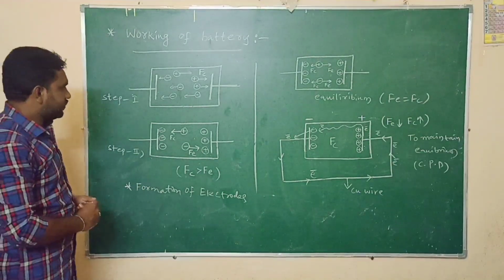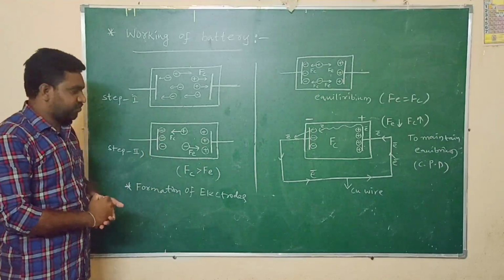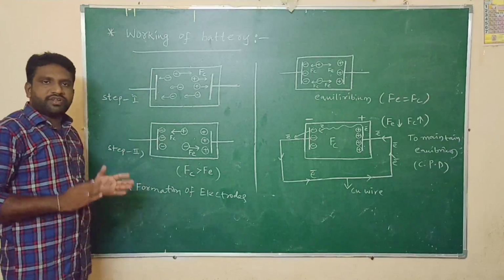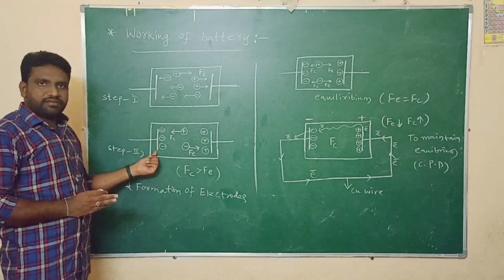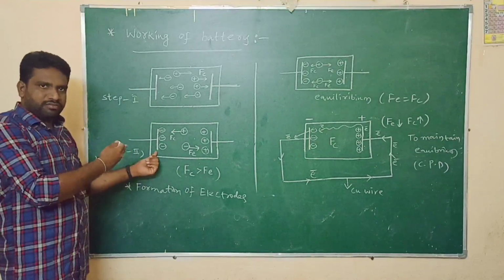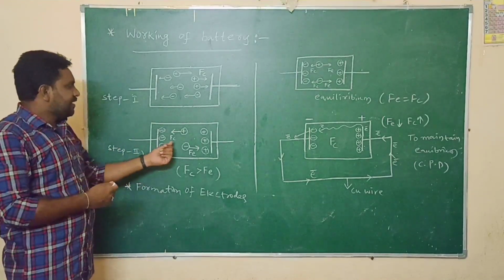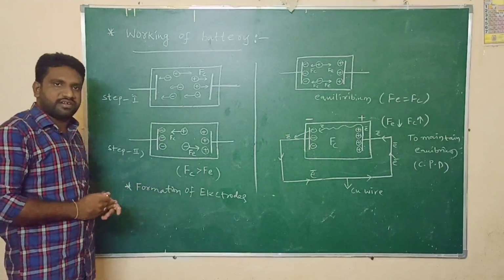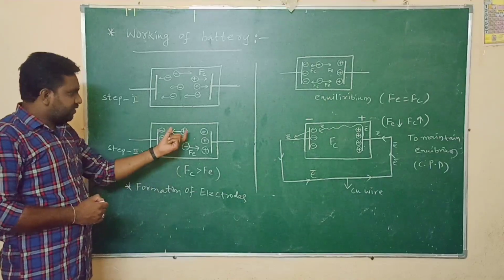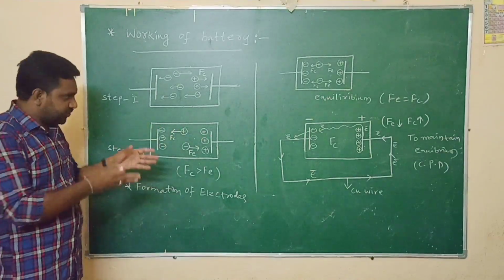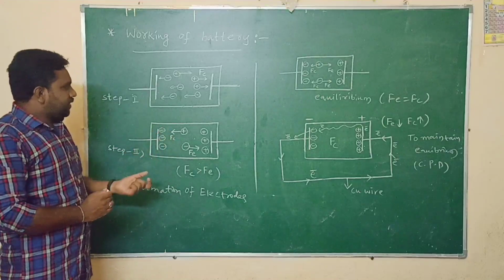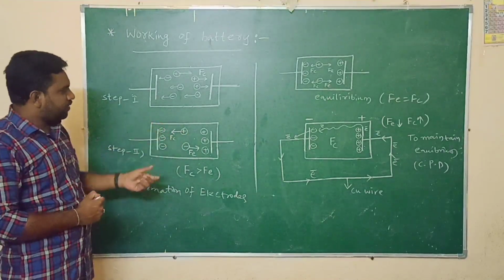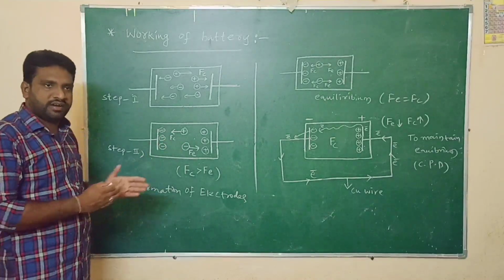When we place the two metal plates inside the electrolyte, according to the nature of the metal, like copper, silver, zinc, and according to the nature of the electrolyte, like NaCl solution, diluted sulfuric acid, and so on, more positive and negative ions are present inside this electrolyte. I already explained that.